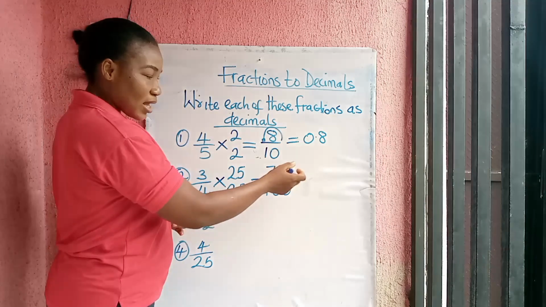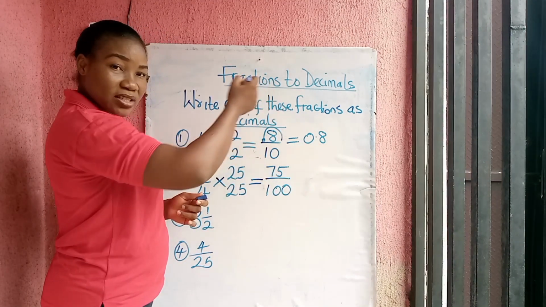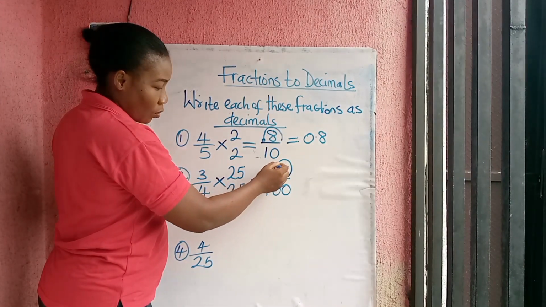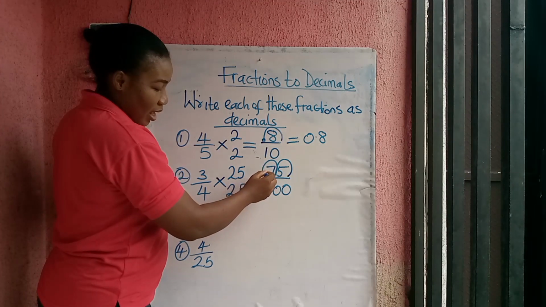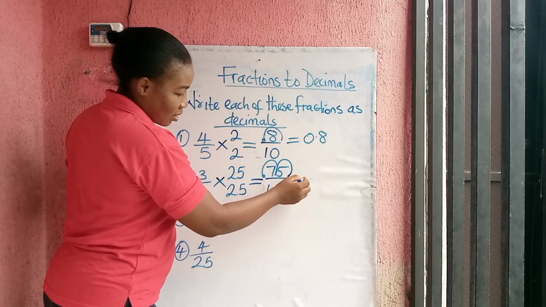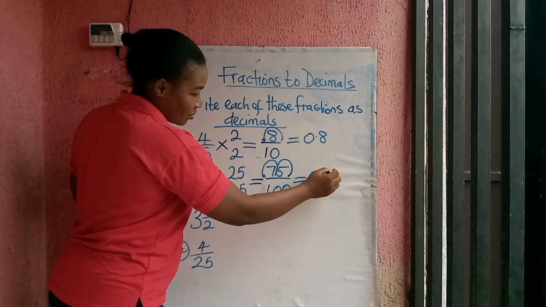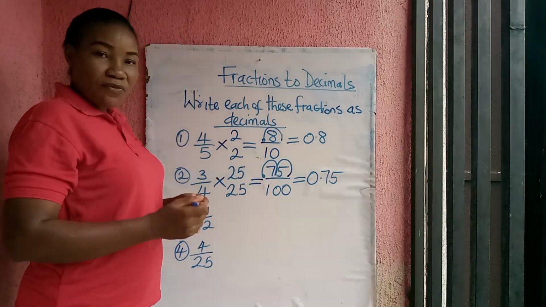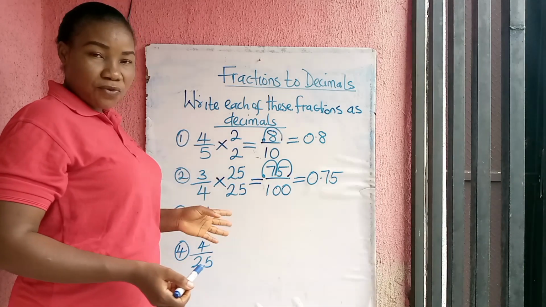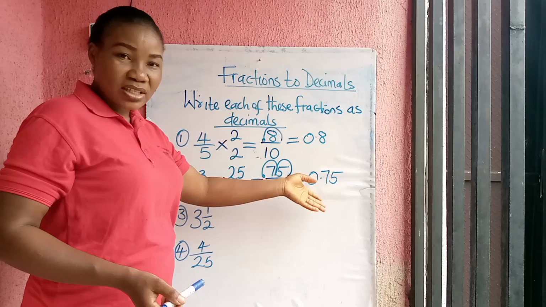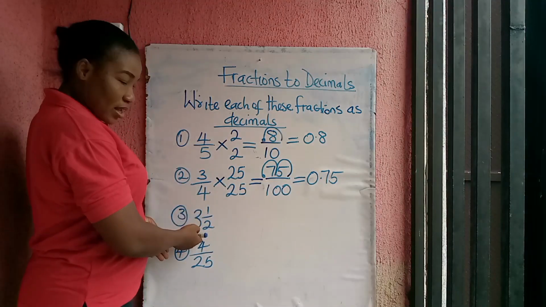So you place your hand at the back of 5 and correct it 2 decimal places backwards. Let's go. 1, 2, and you place your point. Our answer is 0.75. So the decimal form for 3 over 4 is 0.75.